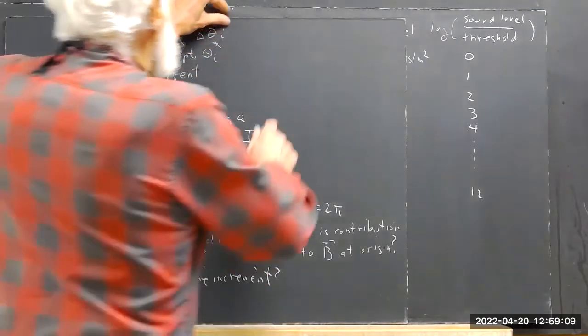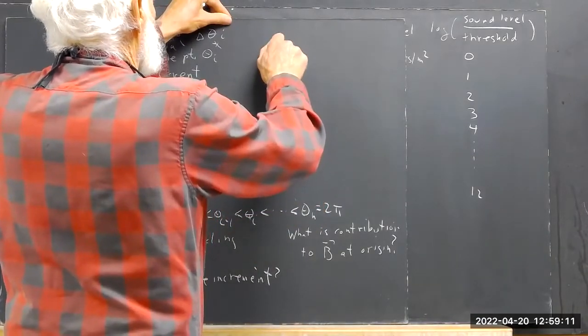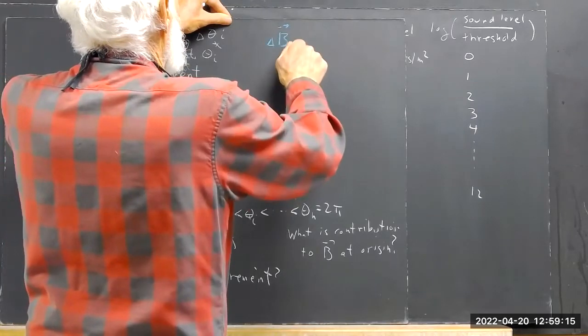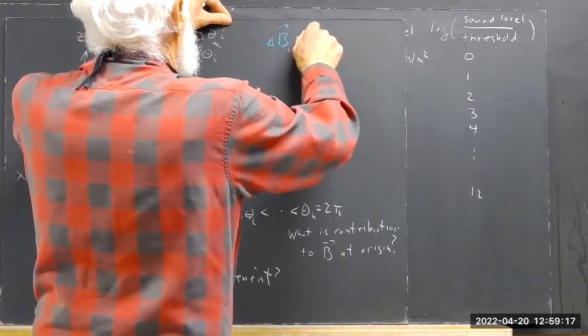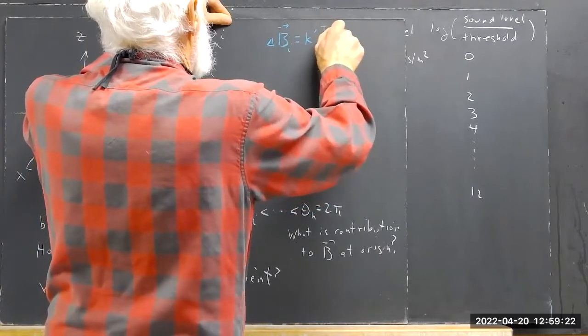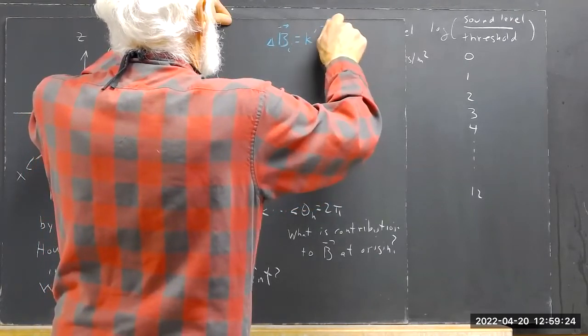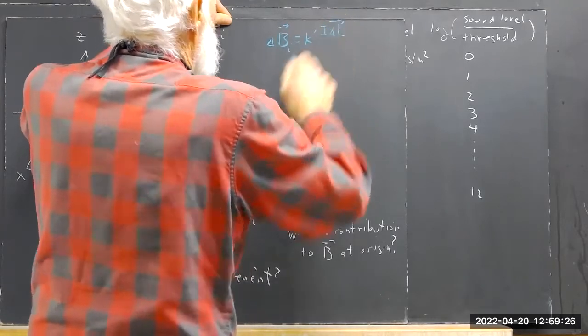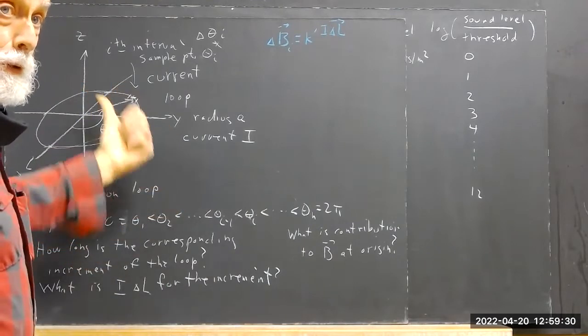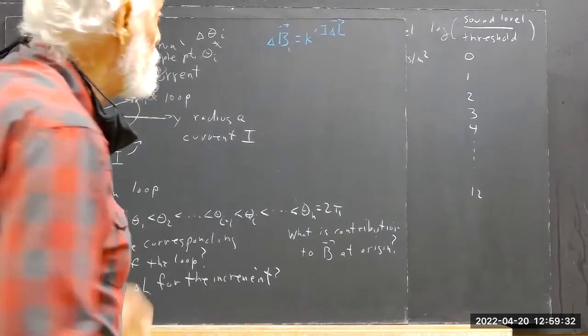Okay, so I got to write the rule as I generally write it. The delta B sub I is K prime times I delta L, where delta L is a vector of whatever length this is in the direction of the current.